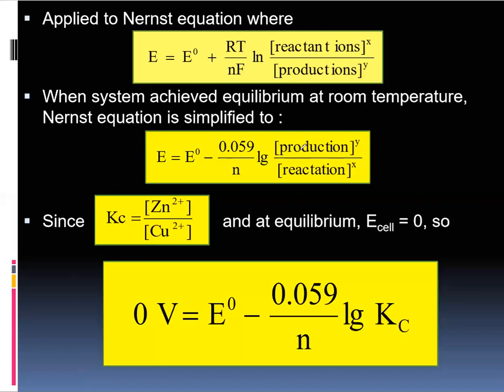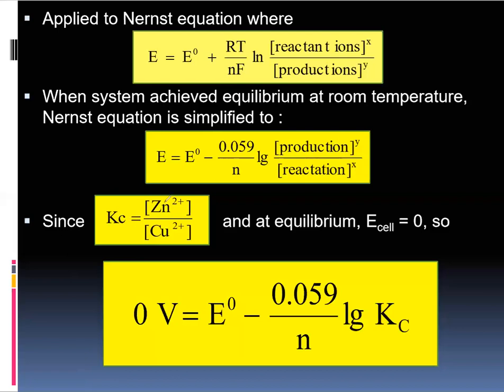Both values will be the same, the only difference is the sign. The log of 10 and the log of 1 over 10 would be the same, but with opposite signs. So in order to balance that sign, that's why we have put a negative sign outside here. So it's the same Nernst equation, just that we flipped these two in order to be like our equilibrium constant.